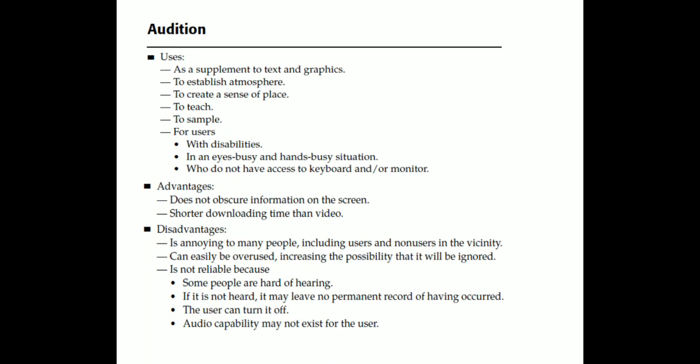Therefore, when words are spoken, the content should be simple and the speed of narration should be about 160 words per minute. When the narration is used to introduce new ideas or new concepts, the narration should be slowed. Off-screen narration should be used rather than on-screen narration.